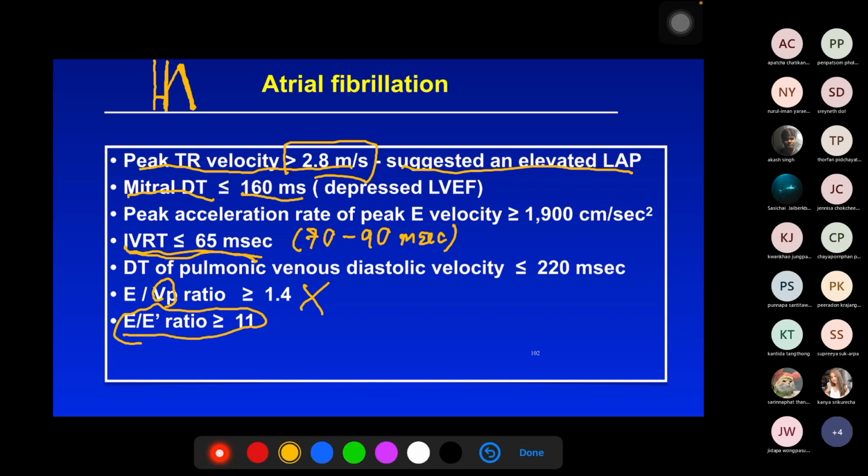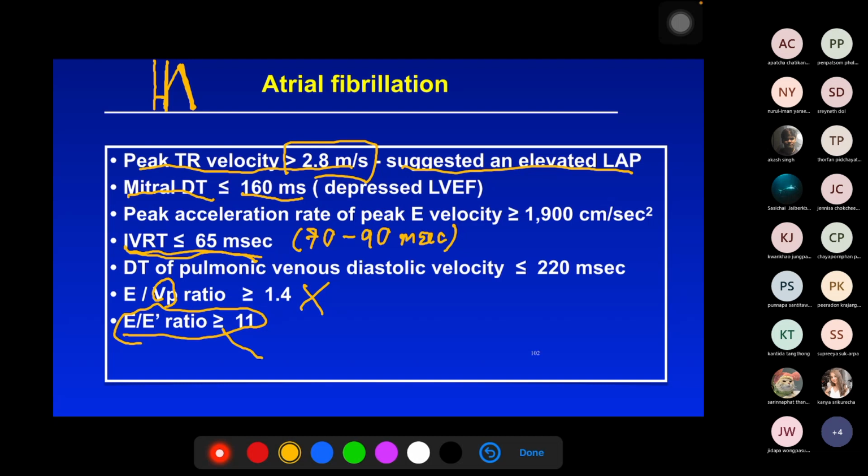Okay, so in practice, we use the E to E prime ratio over 11. It is different from patients who do not have atrial fibrillation.